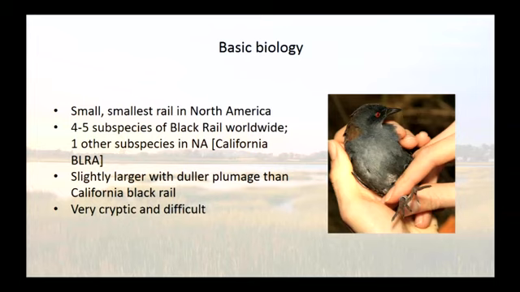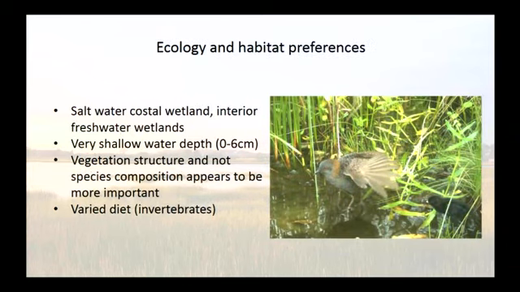I follow somebody on Twitter, Arielle Fournier, and she's a rail biologist, and she did her whole PhD on rails, and she finally saw her first one just last week, and there's a picture of her crying holding this bird. Anyway, they're super difficult to see, but they're also like a birder's dream. When birders hear there's a black rail in an area, like on some listserv or whatever, people start flocking to that area to try to get a look at them.